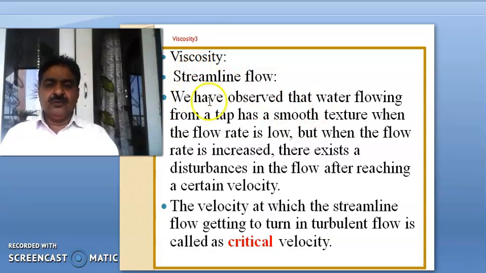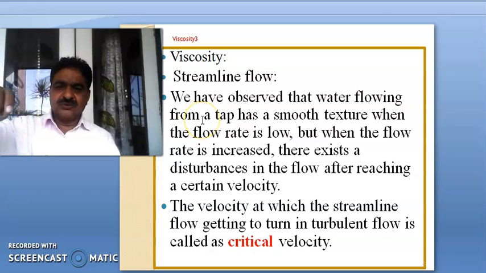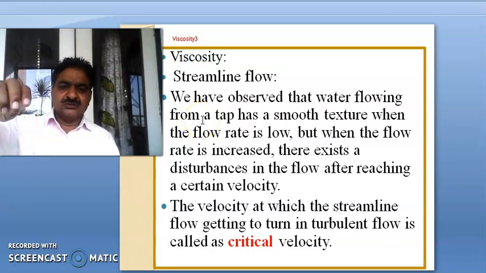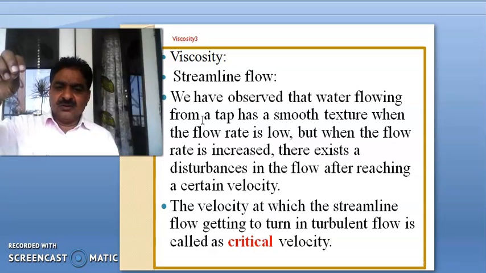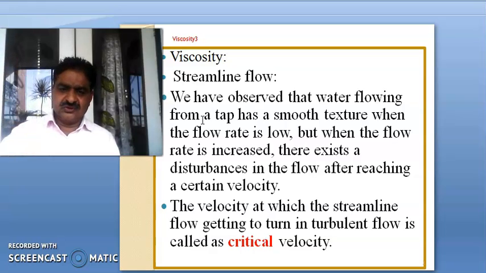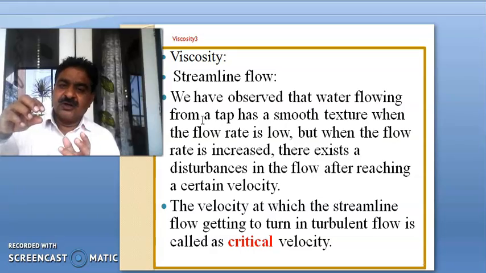Streamline flow. We have observed water flowing from a tap. Suppose the tap is opened, then it has a smooth texture, provided the flow rate is low.